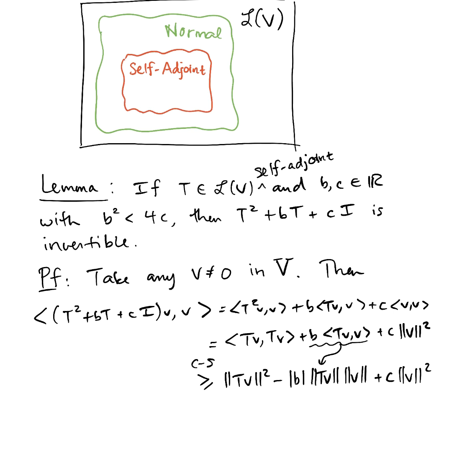And then we still just have that last term. And now the beauty of this is just algebra. This is like the move you do when you complete the square to argue for the quadratic formula. You can just trust algebraically, this is this. It's norm Tv, take away absolute b over 2 times norm v, all squared, plus c minus b squared over 4 times norm v squared.